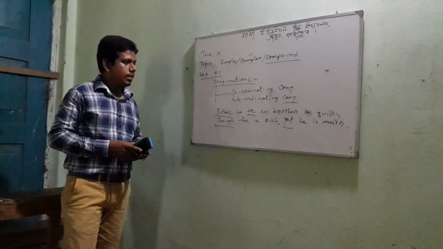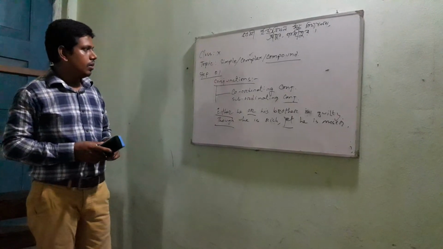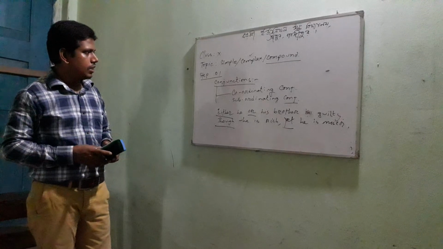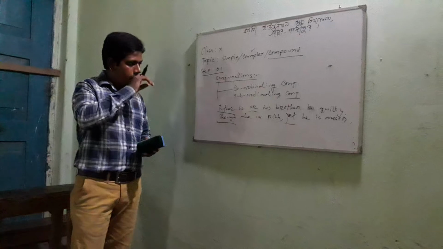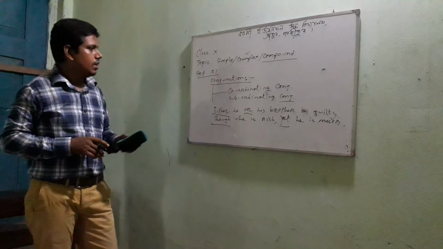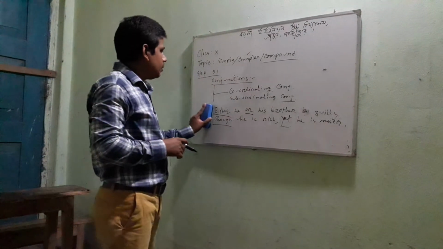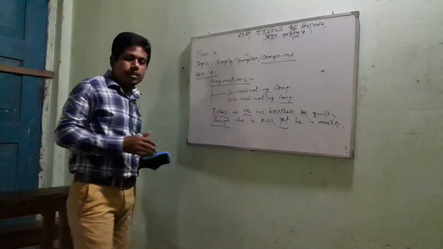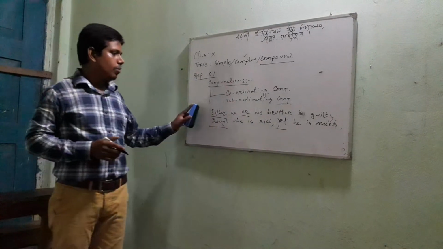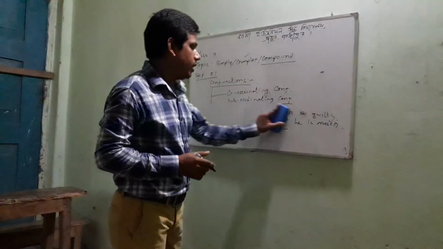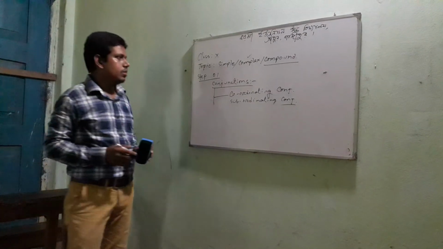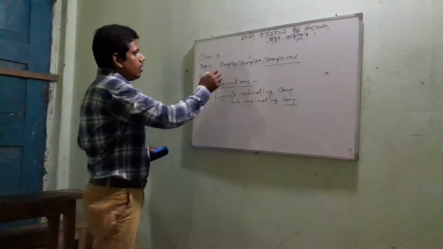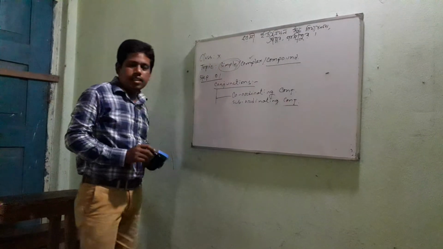Now this is the question: why are correlative conjunctions needed? Actually, correlative conjunctions do not mean a simple sentence. It may be simple, it may be complex, or it may be compound. But for our better understanding, we have to know about this kind of conjunctions. Now we will know about the simple sentence.